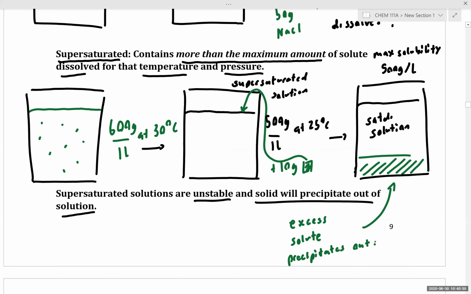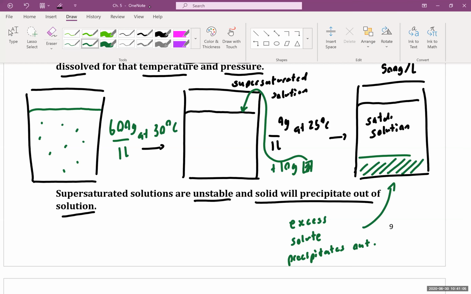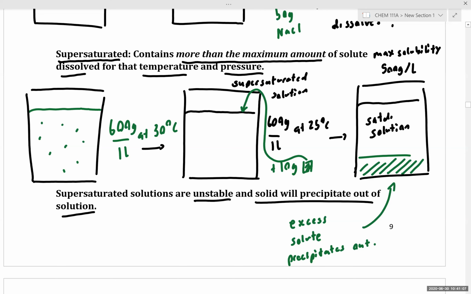So all of this solid that we're now suddenly seeing was dissolved in solution. We had excess solute dissolved in solution.